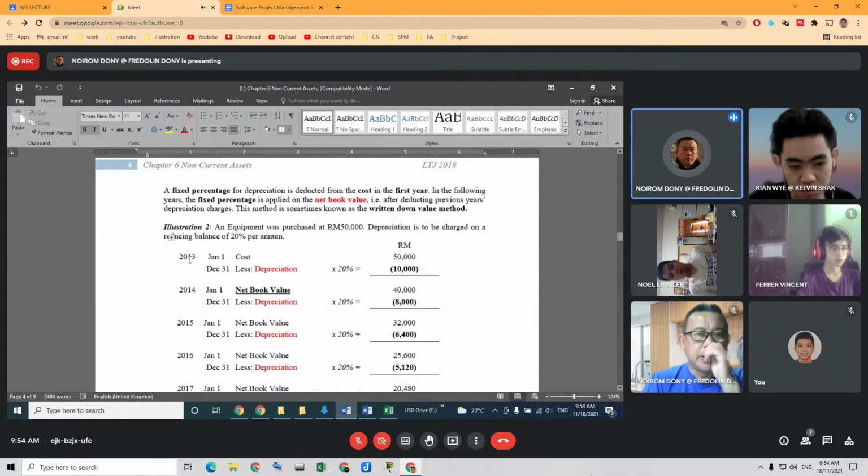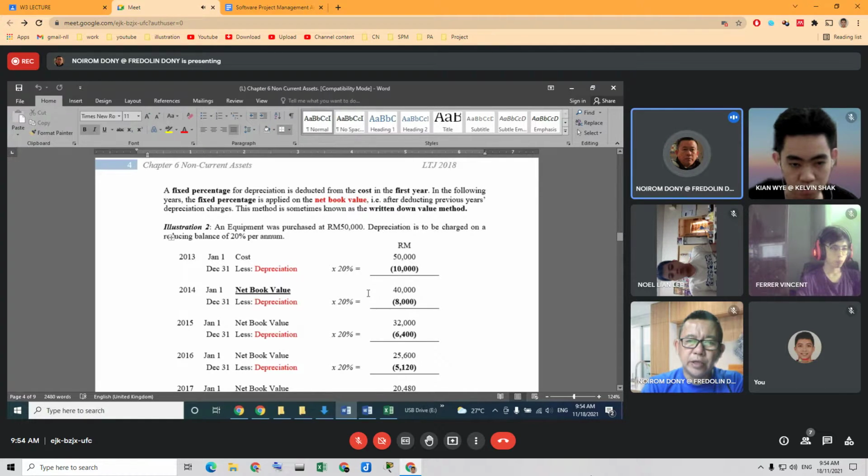Now, at the beginning, the first year, remember, we apply the percentage on the cost. So the cost is 50,000. In the particular column, this 50,000 value is the cost.